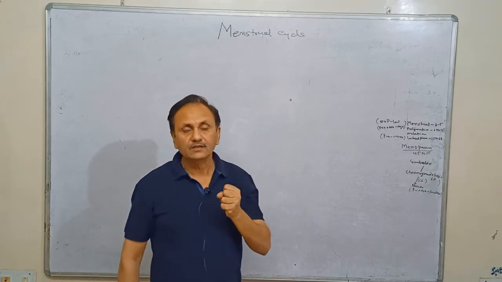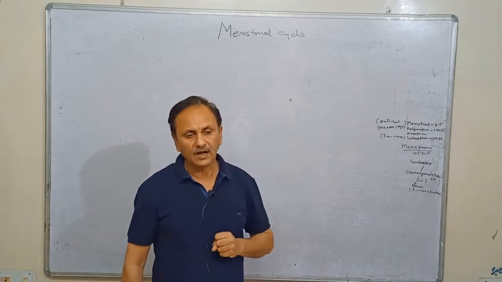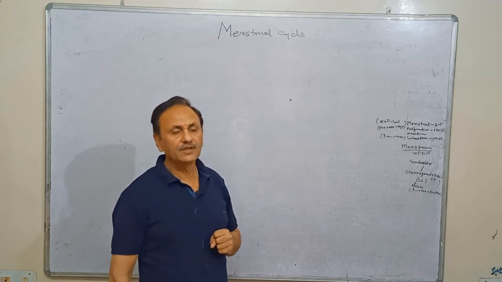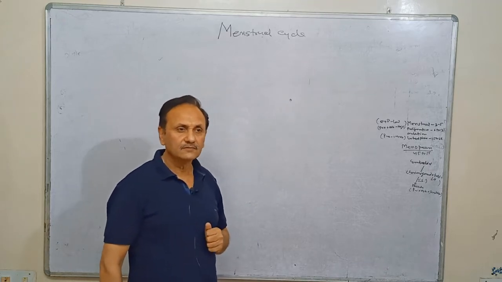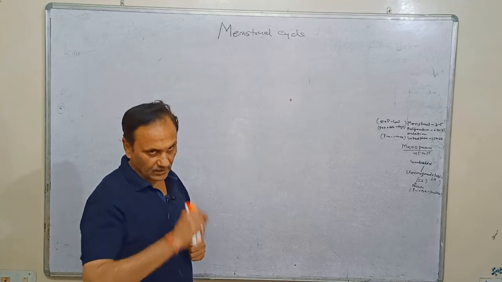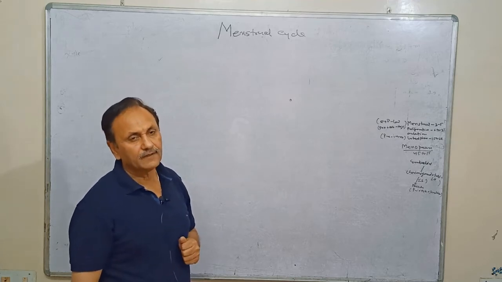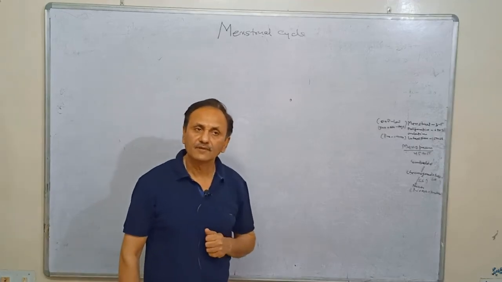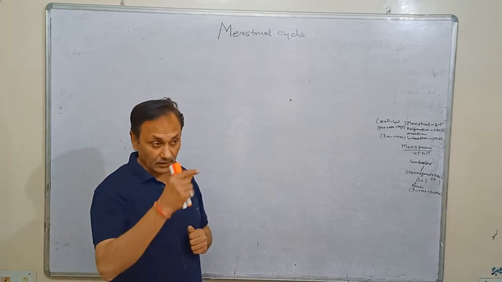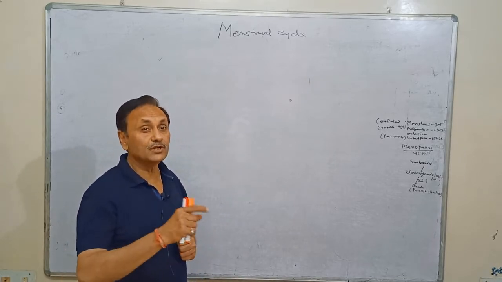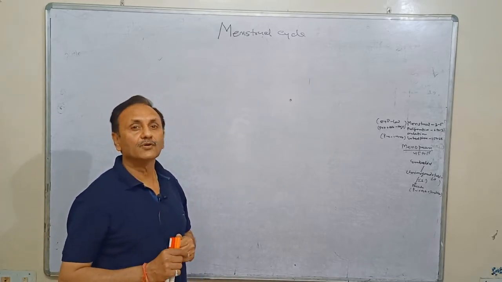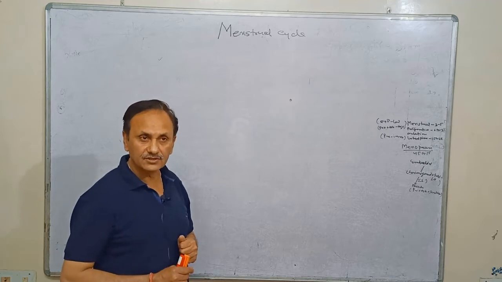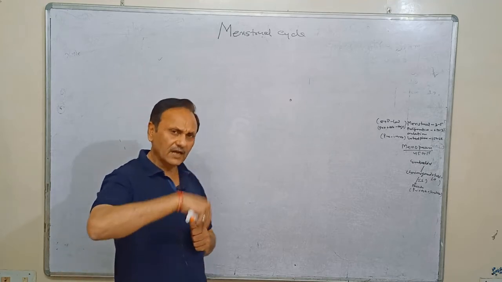after puberty, GnRH is released from the hypothalamus and it acts upon the pituitary, and the pituitary releases different hormones, that is FSH and LH, and that FSH acts upon the ovary.